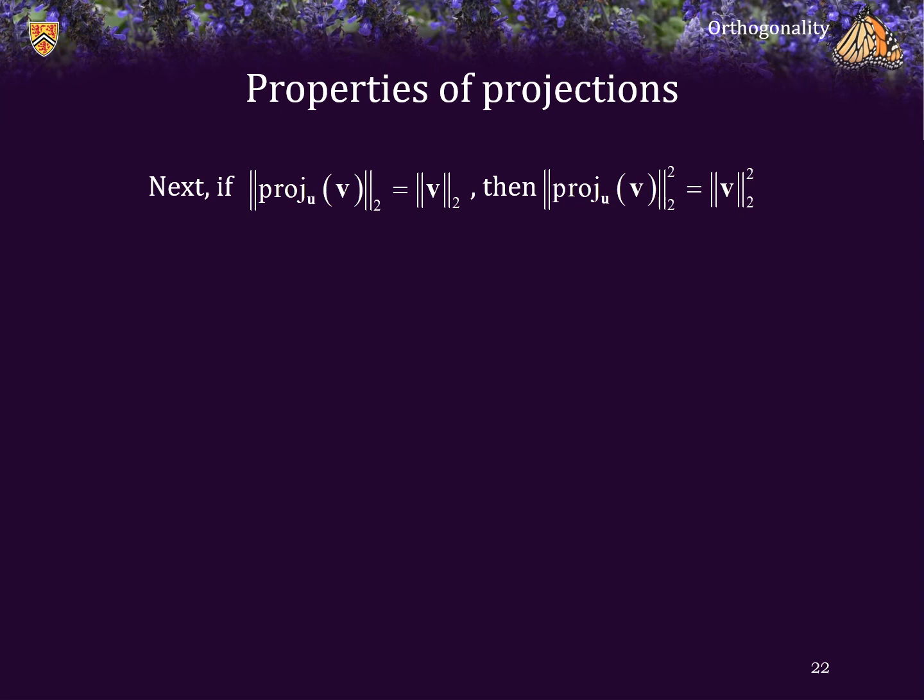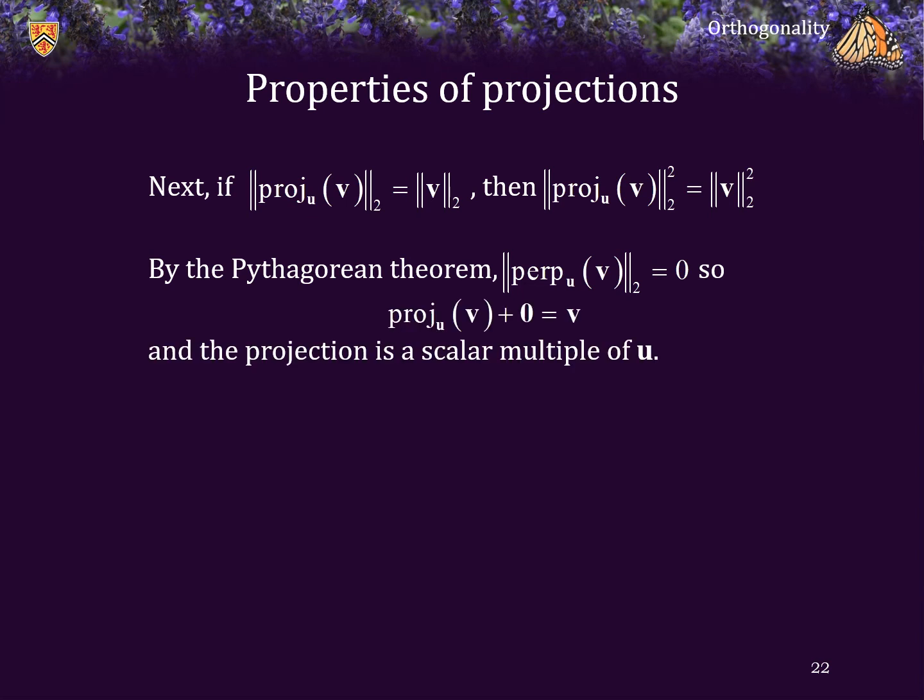But wait a second, if we go back to the Pythagorean theorem, that means that the 2 norm of the perpendicular component is equal to 0, and if the 2 norm of a vector is 0, that means that vector itself is equal to 0, and therefore the projection of v onto u plus the 0 vector is equal to v, and therefore v is equal to the projection of v onto u, and therefore the projection must be a scalar multiple of u.